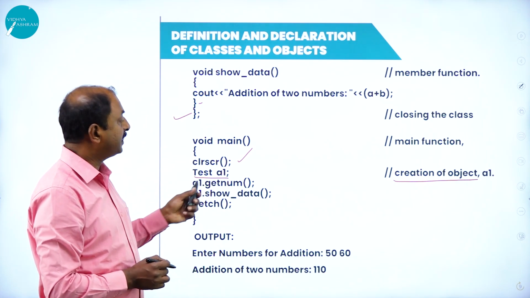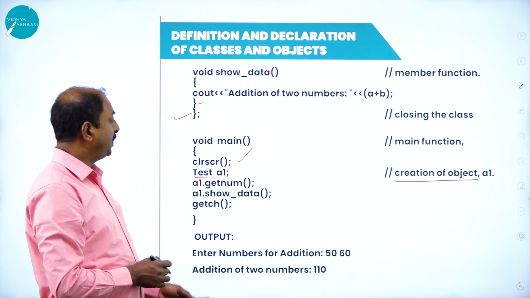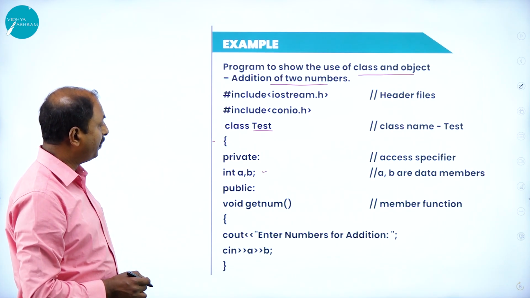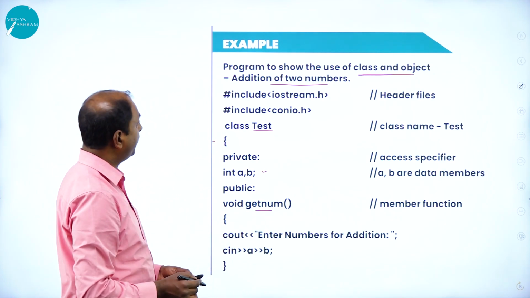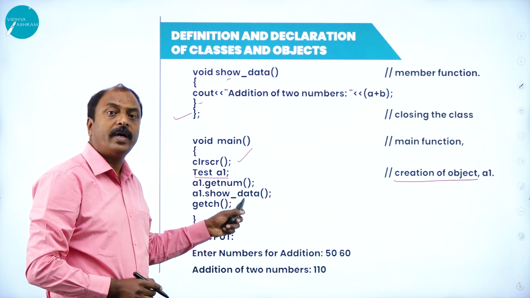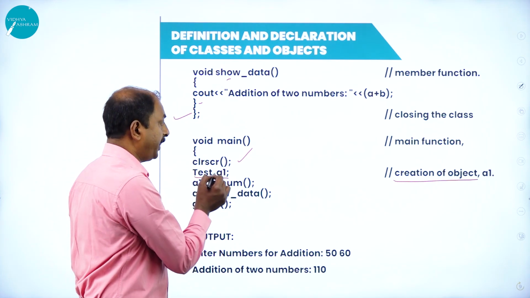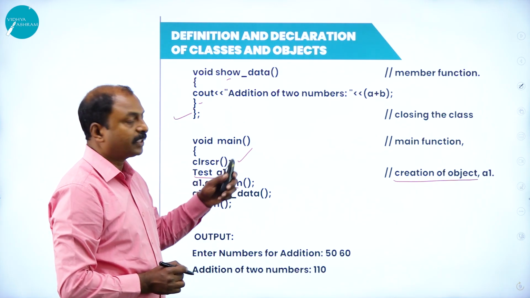Next, we have to access the data members and the member functions. In the previous part, we declared two functions: one is getNum and the next one is show data. We have to access these through an object. So A1 is an object, A1 dot getNum. Here we are invoking the function.